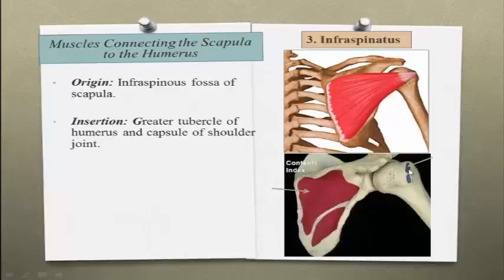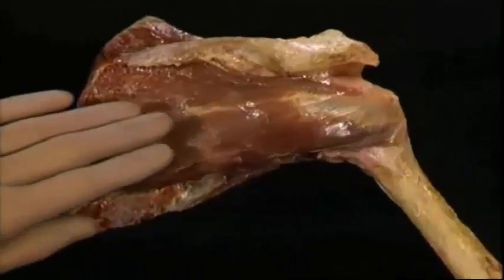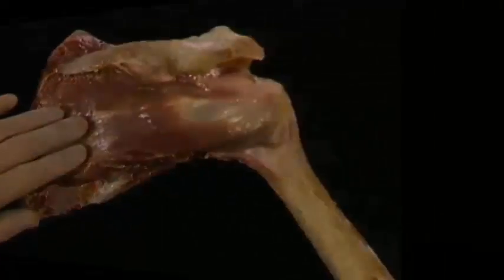The muscle is innervated by the suprascapular nerve, and its main function is lateral rotation of the shoulder joint, but it also plays an important role in the stabilization of the joint because it helps to hold the humeral head in the glenoid cavity of the scapula.